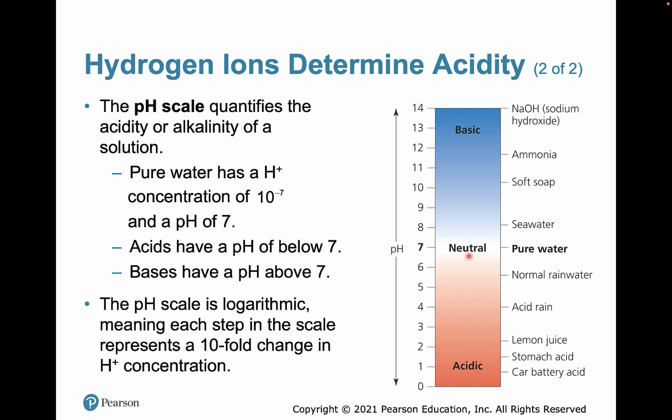It has a pH below 7. Okay, so you got to make sure that's clear in your heads. It's a logarithmic scale, which means that a difference between a pH of 0 and 1 is a 10-fold concentration. So normal rainwater is 10 times more acidic than neutral water. Okay, I hope that makes sense.